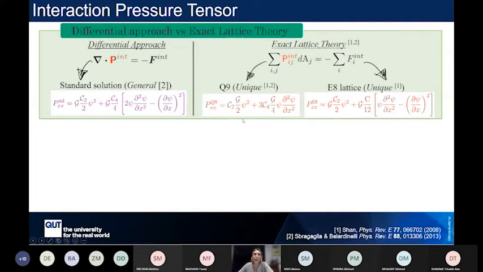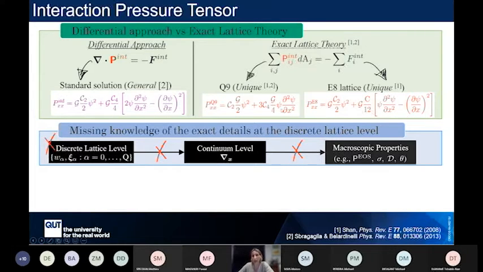But the problem is that those continuum solutions are dependent on the lattice structure. Each time we have a different lattice structure, we get a different solution for this pressure tensor term, which is a bit of a concern if we are moving towards high order lattice structures, because we don't even have those solutions for high order lattice structures.